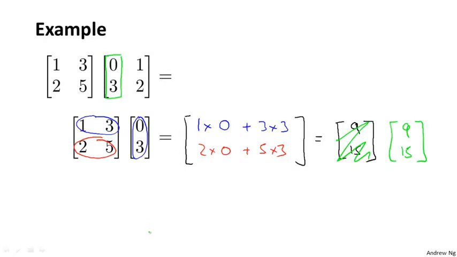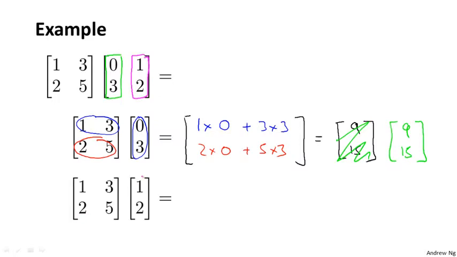And then next I'm going to pull out the second column of this and do the corresponding calculation. So that's this matrix times this vector 1 2. Let's also do this quickly. So that's 1 times 1 plus 3 times 2. So that was that row.